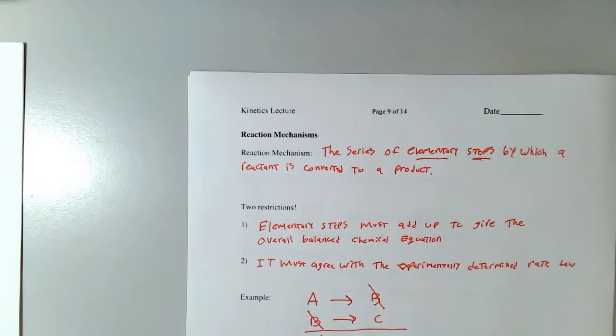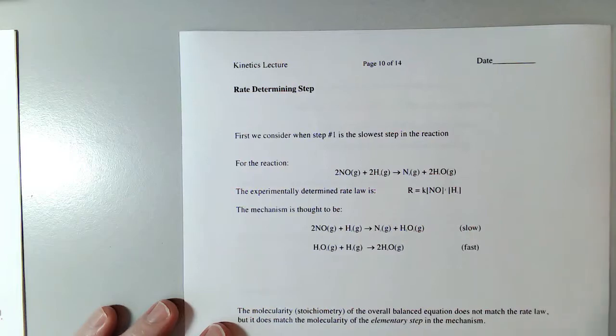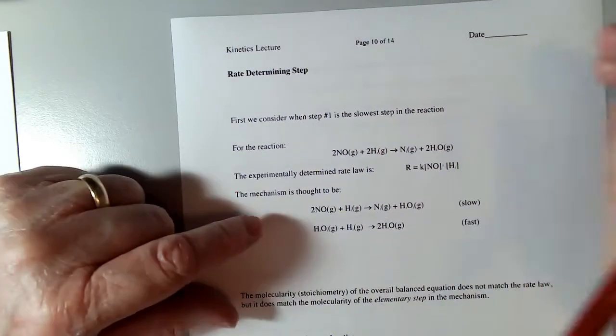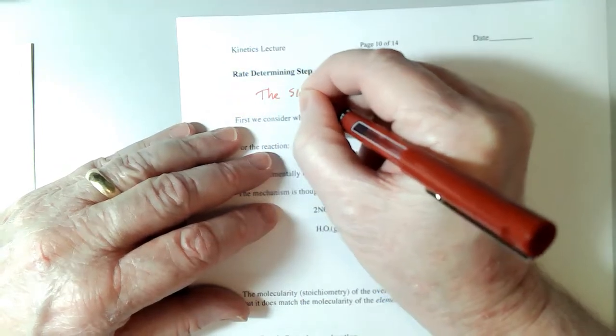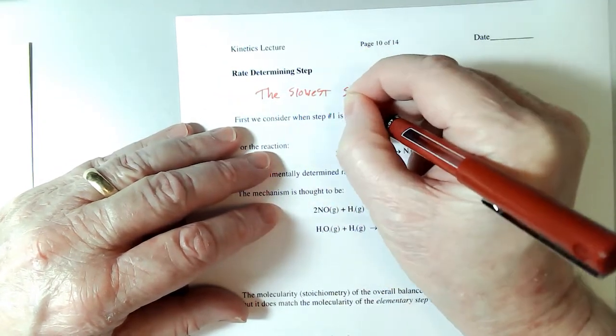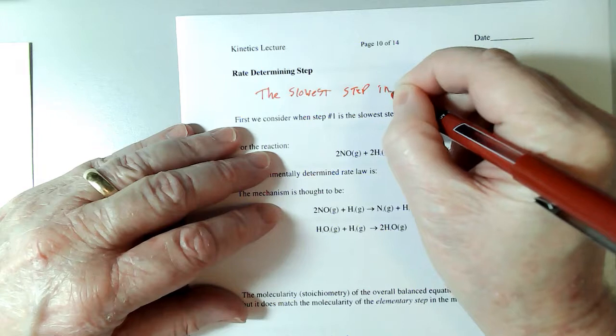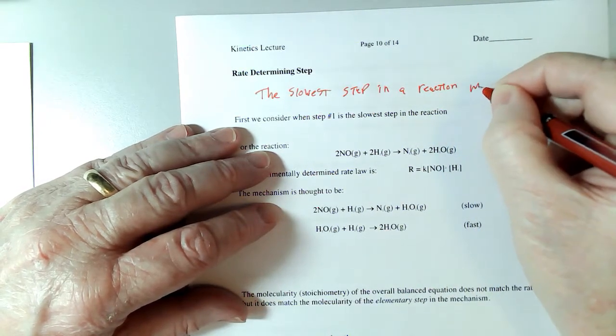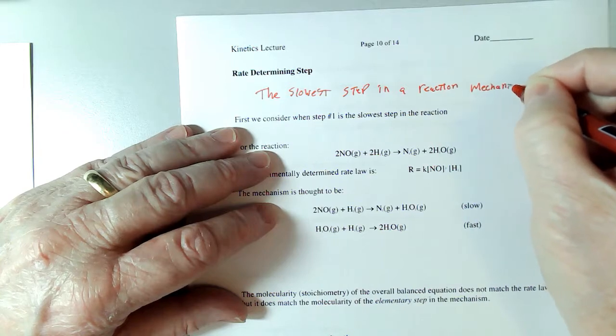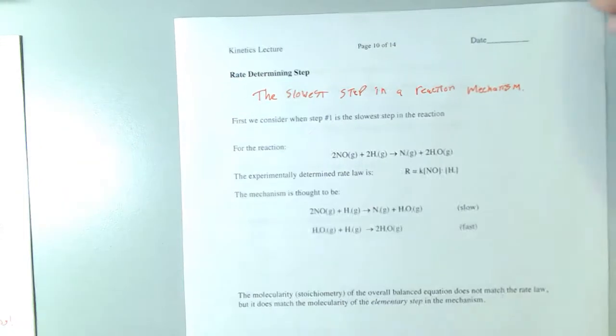Okay, move on to page 10 now and talk about the rate determining step. This is the slowest step in a reaction mechanism. Let's talk about this for a second.